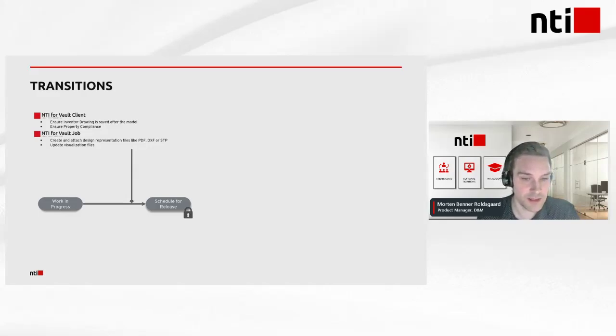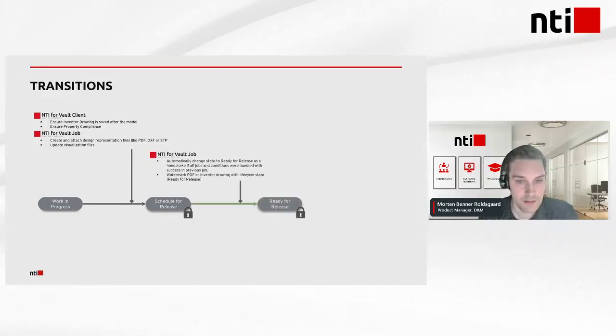So if we find an item in the state scheduled for release, then we know that the files are present in the item, and that the quality is approved by the system and not by a user. Then, as a handshake, you can say, from the system we will automatically go from the state scheduled for release to another state that we have chosen to call ready for release.